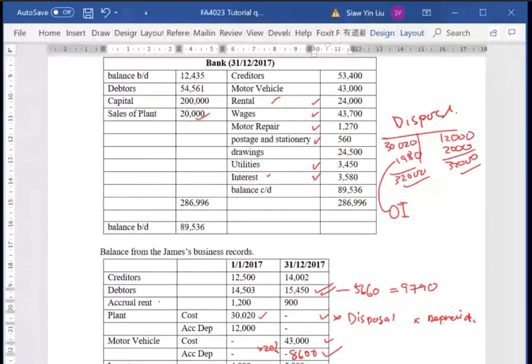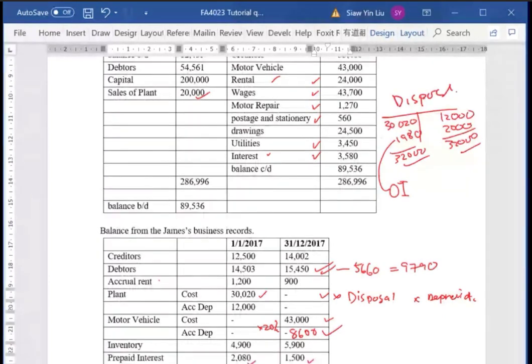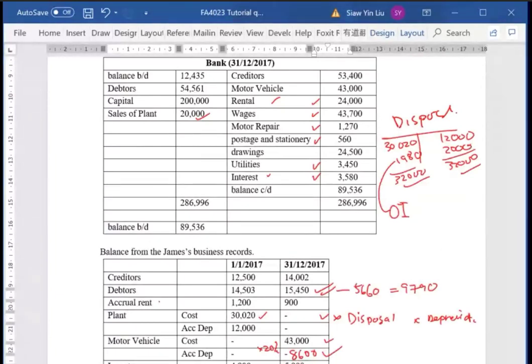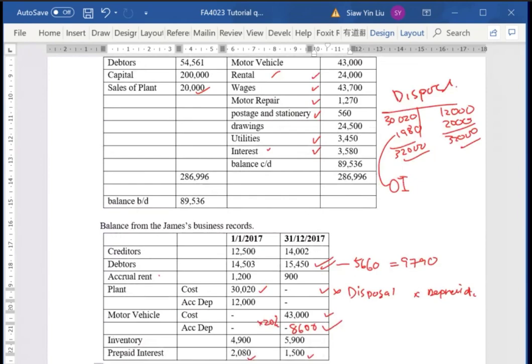But bear in mind, for your rental and your interest, you have to check out the T account. You cannot use the rest. For the rest, wages, motor repair, all this you can directly use this figure because you don't have accrued and prepaid. So no need to do adjustment. Okay, now then you can finish your income statement.